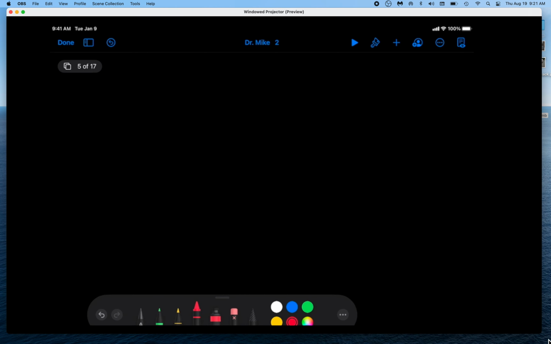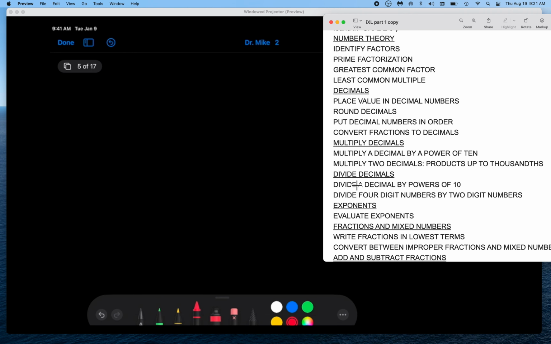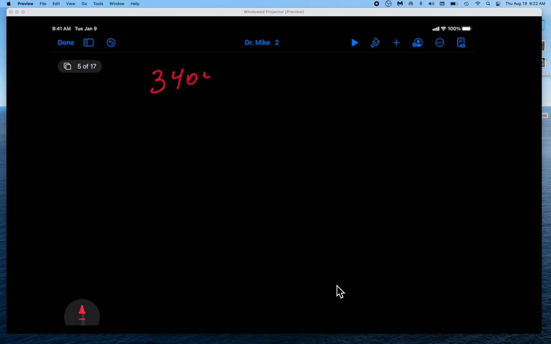Let's see what we have on the list. Divide 4-digit numbers by 2-digit numbers. This is not hard, but there's a lot of busy work. So we're going to divide a 4-digit number by a 2-digit number.